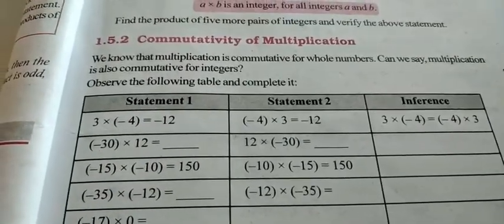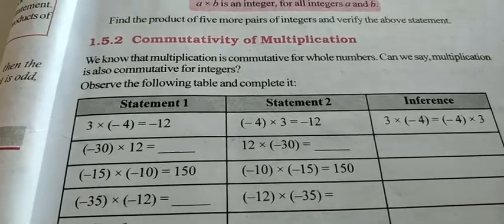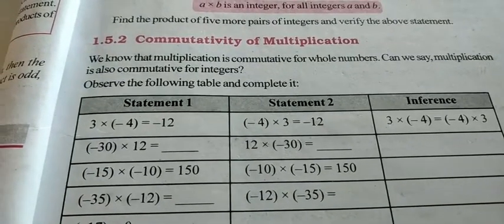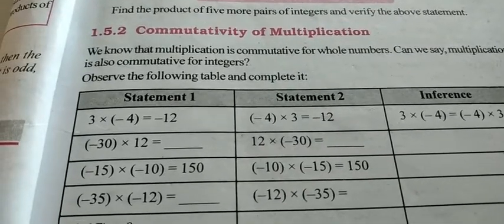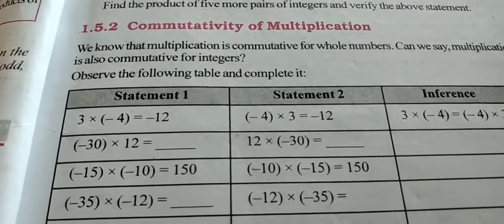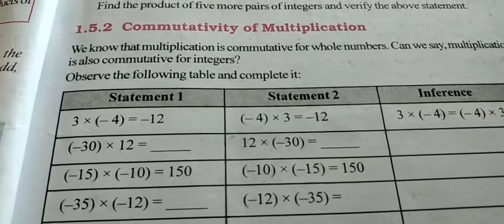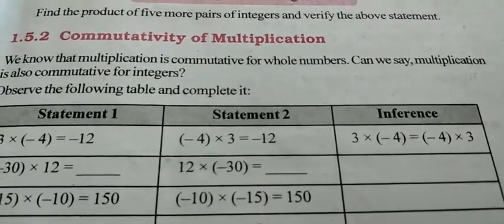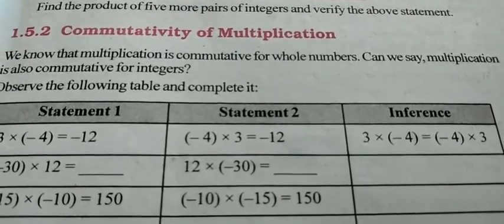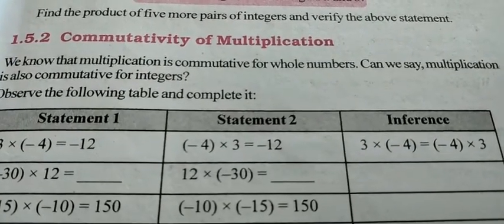You can see here, under statement 1, 3 is multiplied with negative 4 and the product is minus 12. Now I am changing the order. In place of 3 I am taking negative 4, and in place of negative 4, 3 is taken.